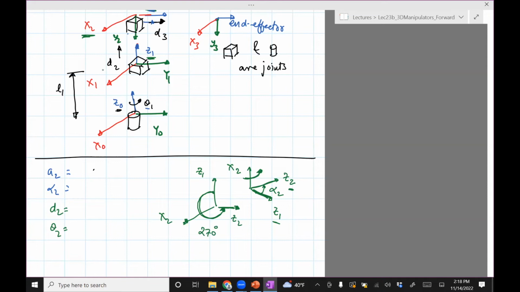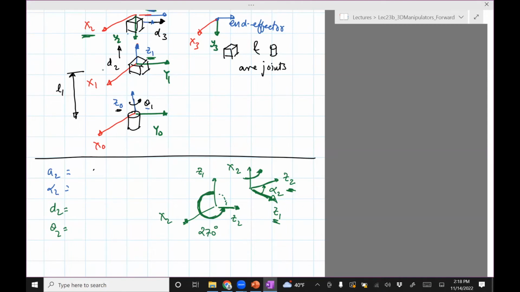Note that when I'm sweeping this, if I curl the fingers of my right hand from Z1 to Z2, my thumb should be along X2. That's why I went that way and not the other way. The same thing was used here.